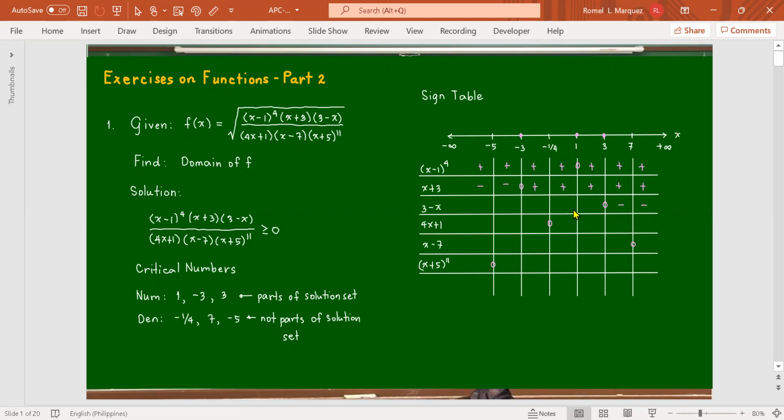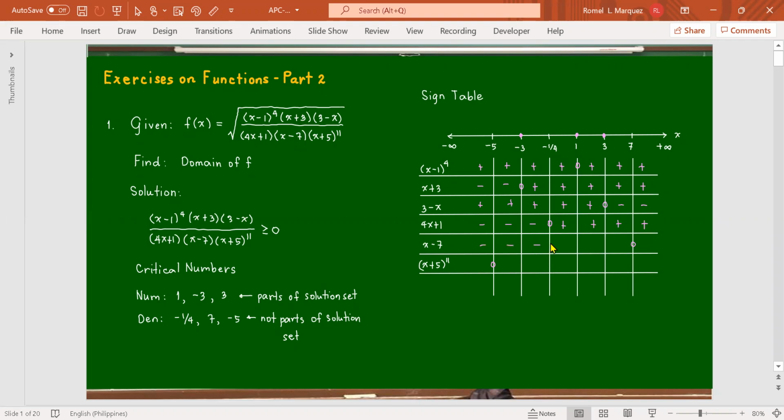Because the coefficient of the variable is negative. So if you assign a number to the left of 3, this is always positive; to the right, this is always negative. What about for x + 1? Negative here, negative, negative. Positive to the right of −1/4.